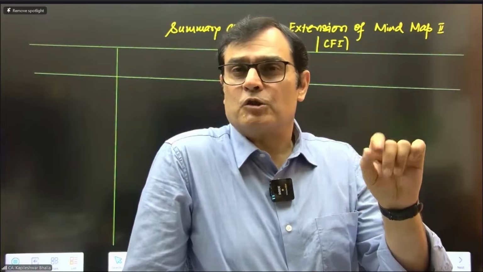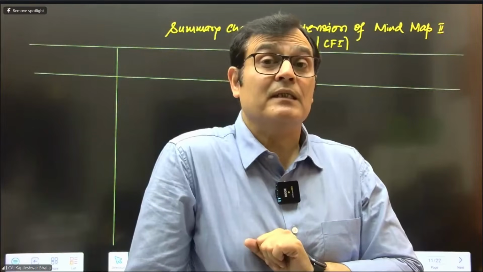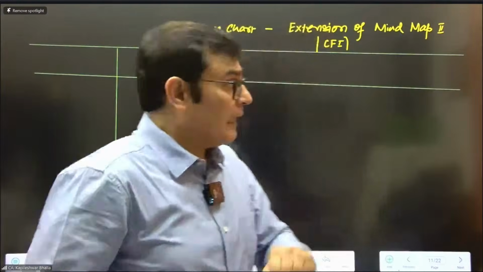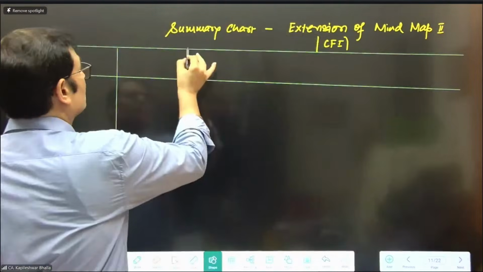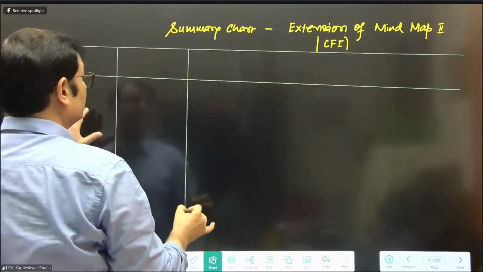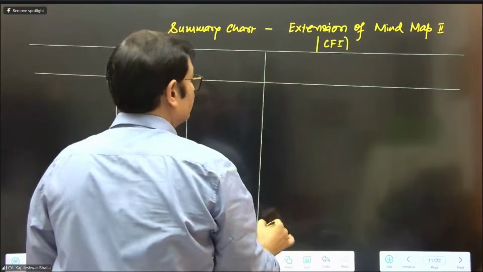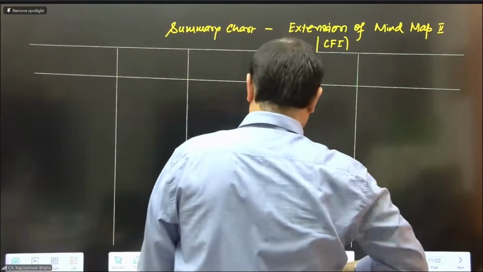And there is one more instrument, and that is perpetual debt. So I'm putting a total of 4 columns: 1, apart from the particulars, 2, 3, and 4.